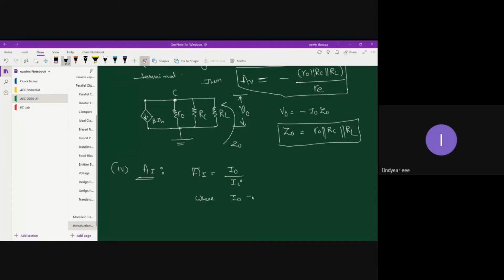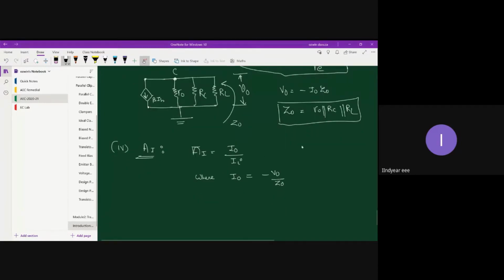I0 can be given as minus V0 by Z0, because we have already seen V0 is negative I0 into Z0. And that can be written as minus V0 divided by Z0, where Z0 is RC parallel with R0. I'm not considering the load resistance here. If load resistance is there, you can also include RL.